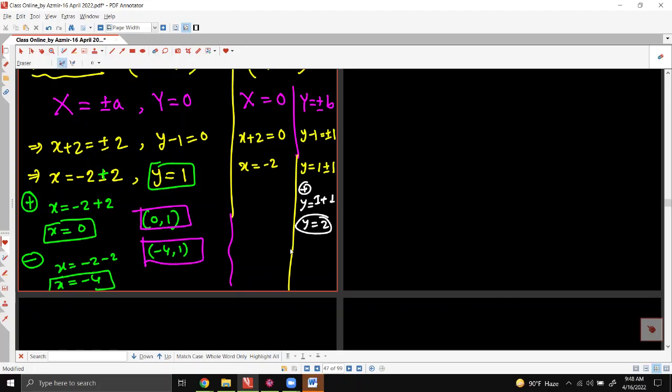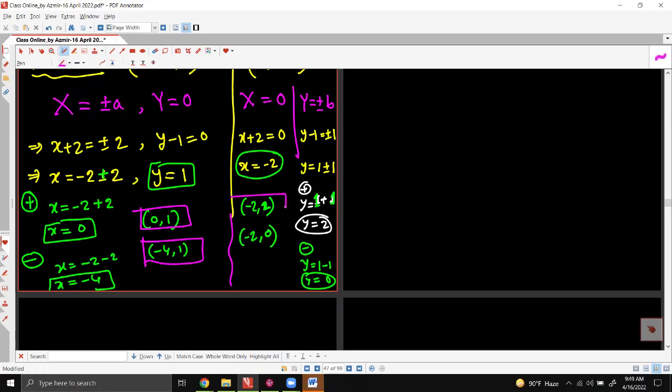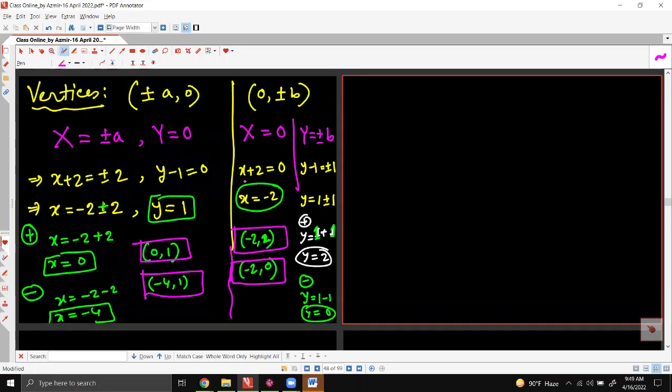So the point will be x, y, that is minus 2 comma 2. If we work with minus, then y equals 1 minus 1. That means y is 0. So the point will be x, y, minus 2, 0. So these are also vertices. This is known as co-vertex. This is another co-vertex. So these are the total 4 vertices that we have for the given ellipse.